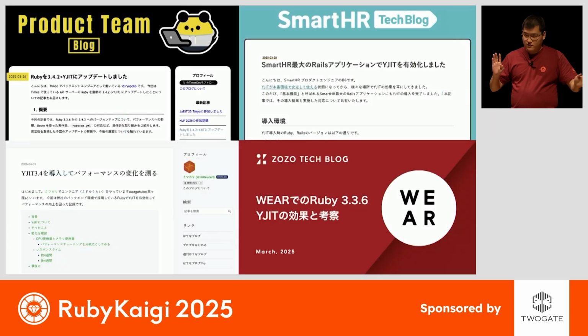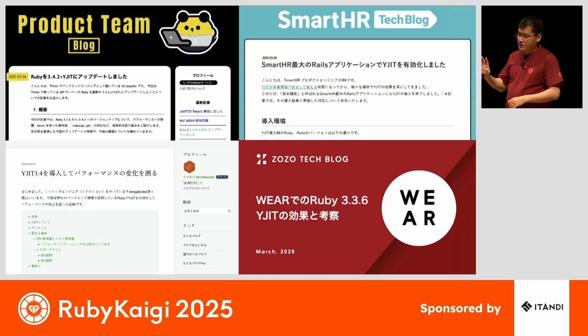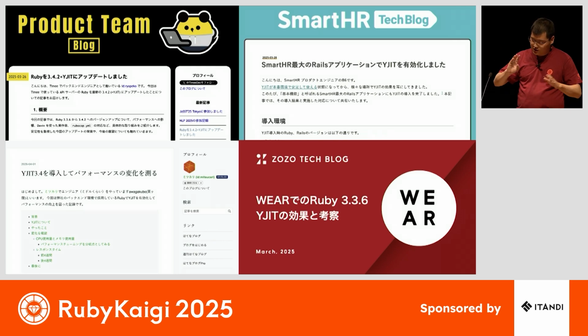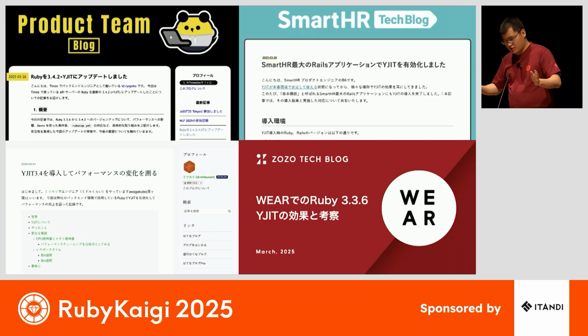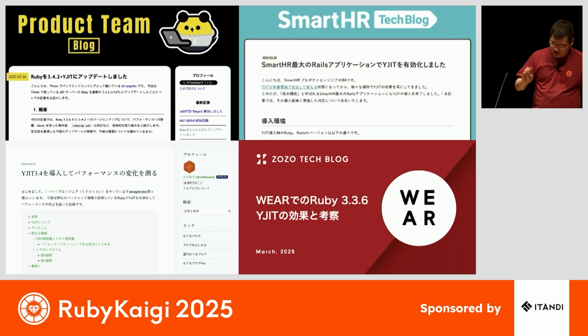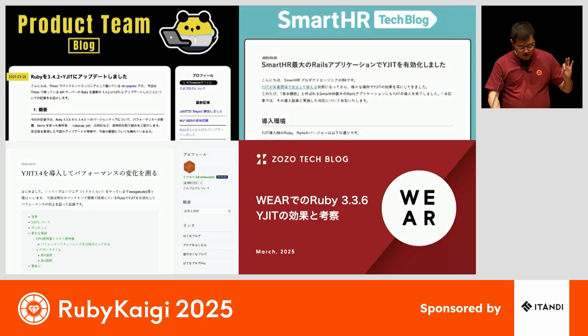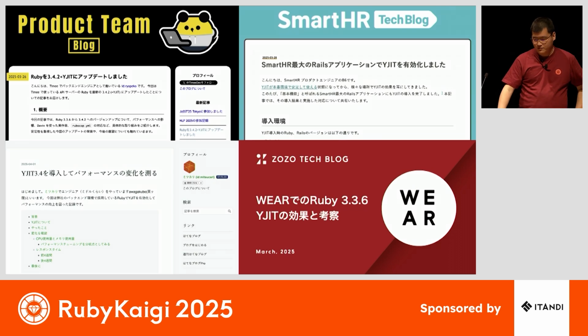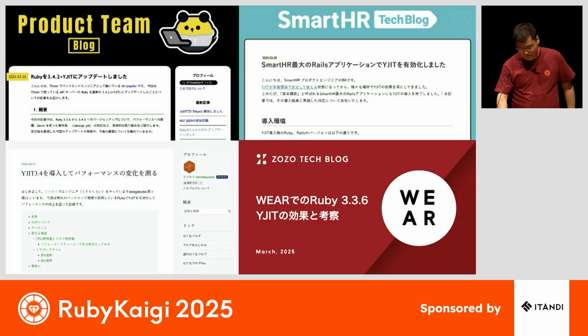And not only Shopify, but also other companies enable YJIT in production as well. These are just the articles that were written this year, but from last year and years ago, we've seen a lot of other articles that said we enabled YJIT in production. So please do that if you haven't.